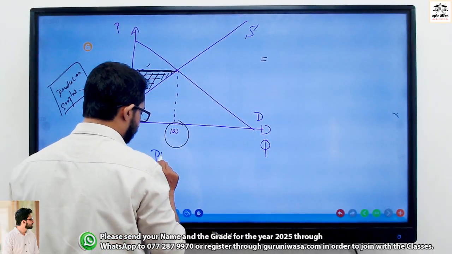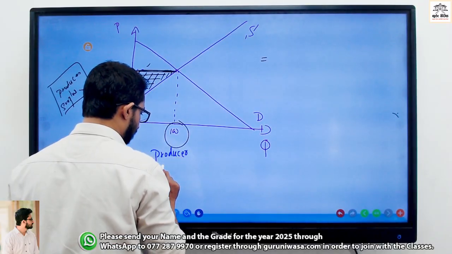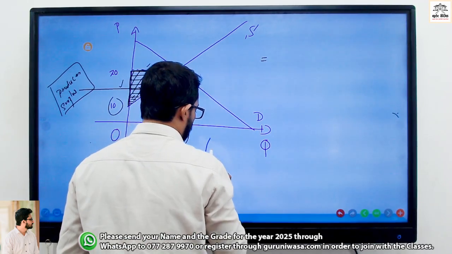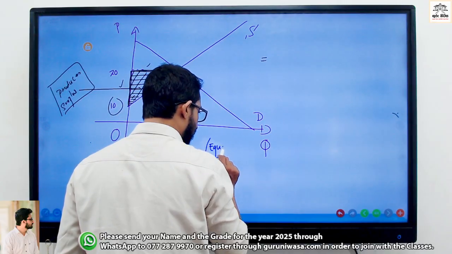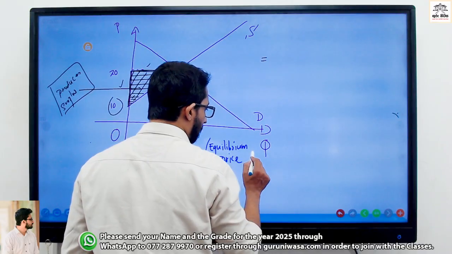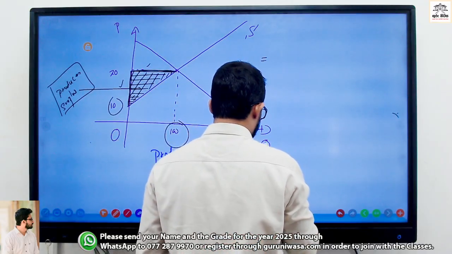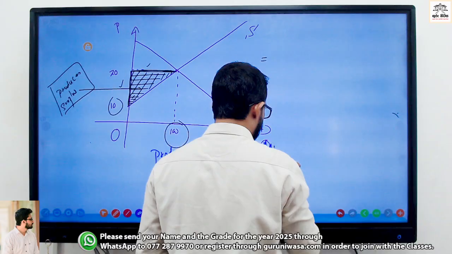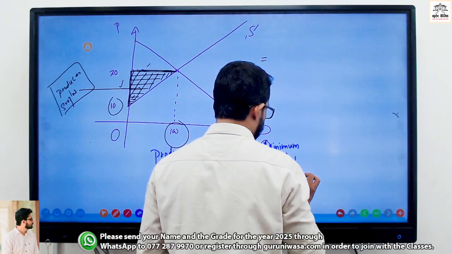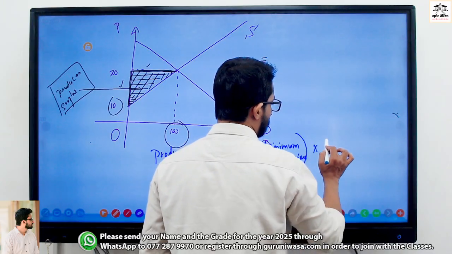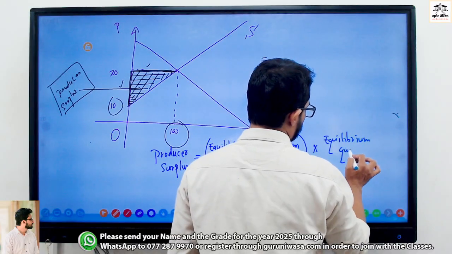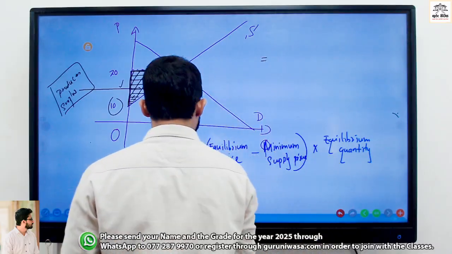Producer surplus equals equilibrium price minus equilibrium price minus minimum supply price, into equilibrium quantity, divided by 2.